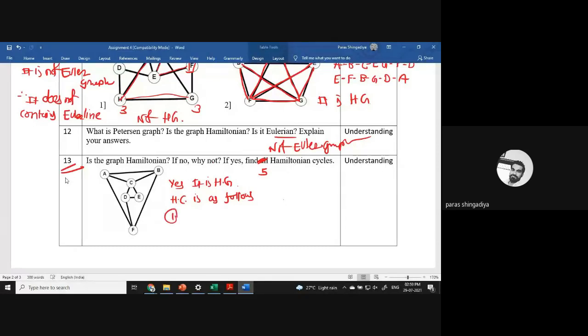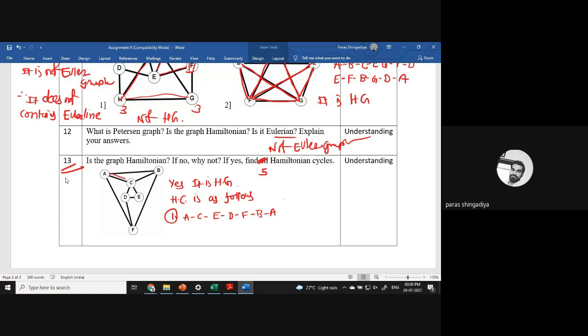First Hamiltonian cycle: A to C, E, D, F, B, A. That is, A to C, C to E, E to D, D to F, F to B, and B to A. That is one Hamiltonian cycle.